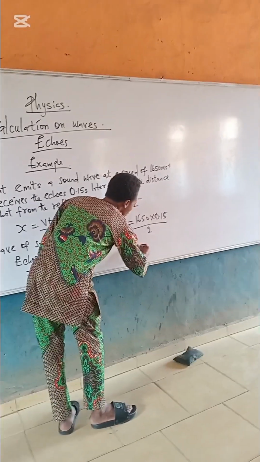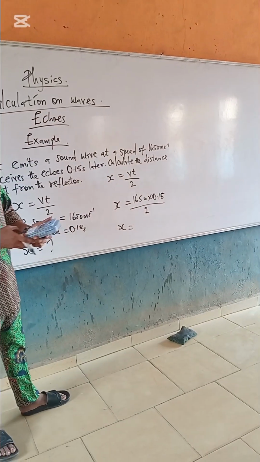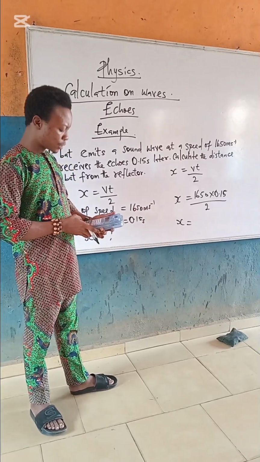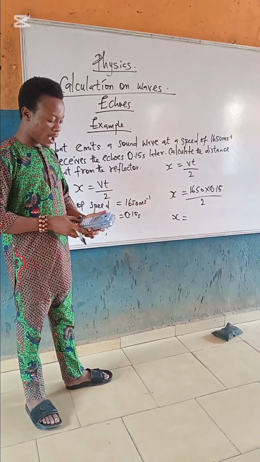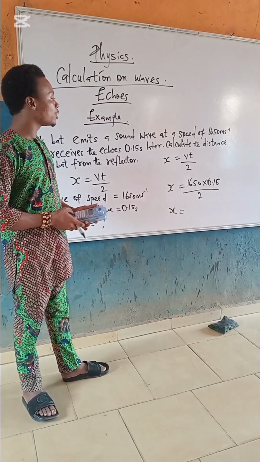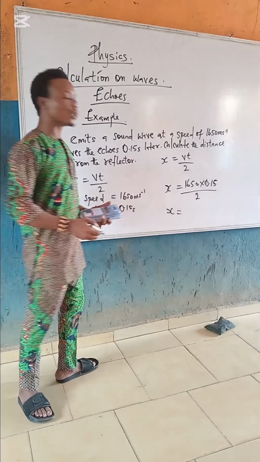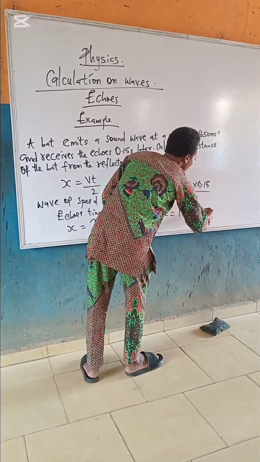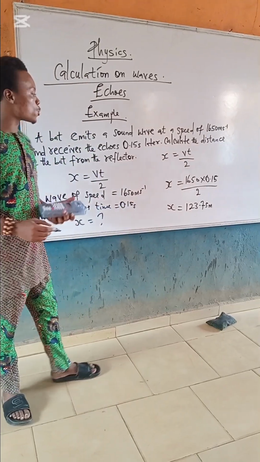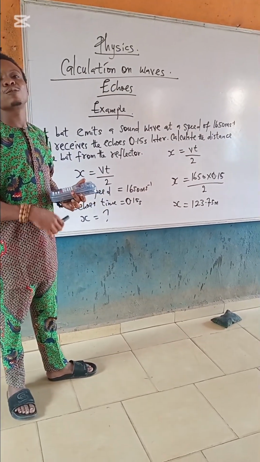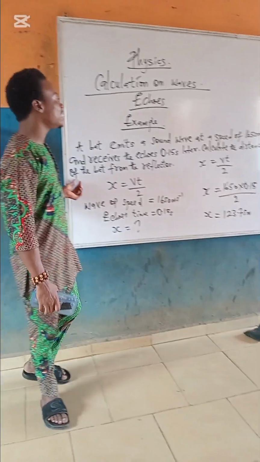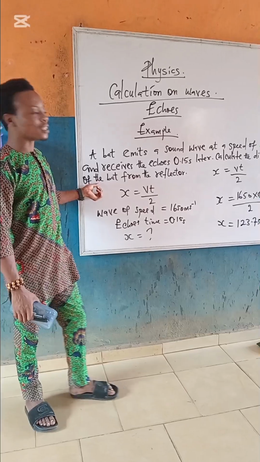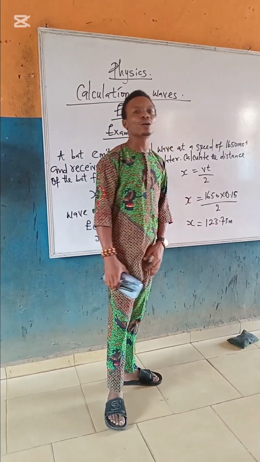X is equal to 1650 times 0.15 divided by 2. That will give us 123.75 meters. So 123.75 meters is the distance of this echo.